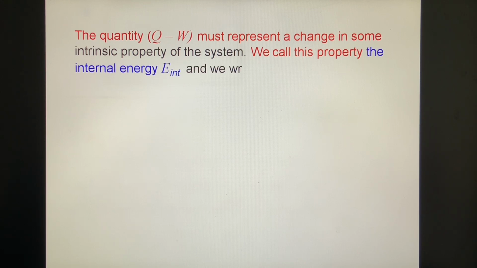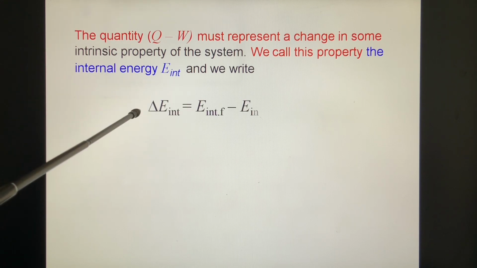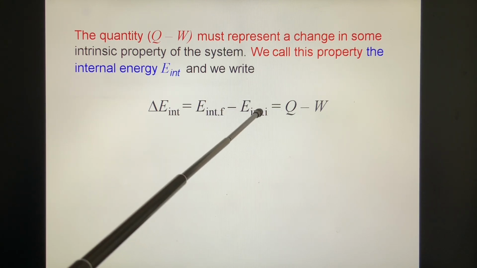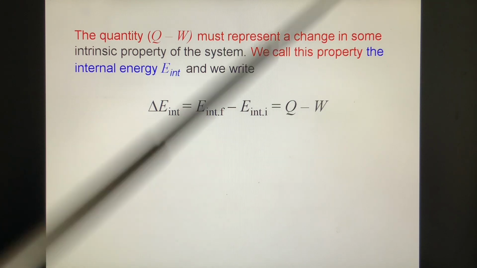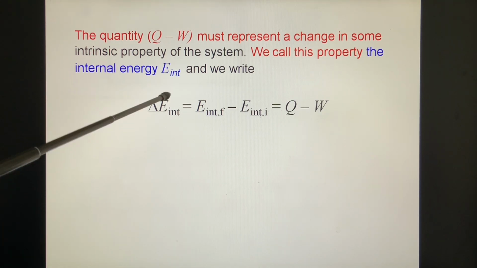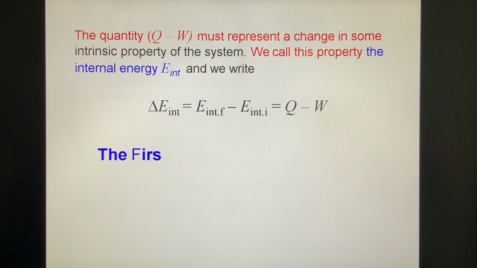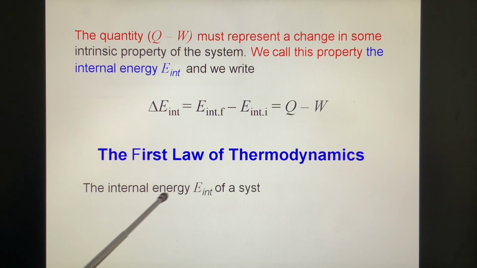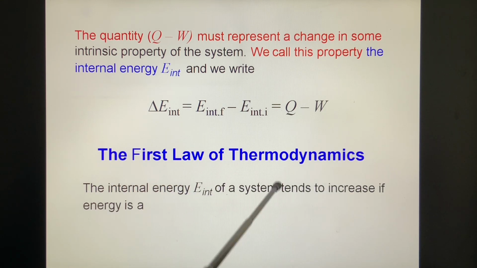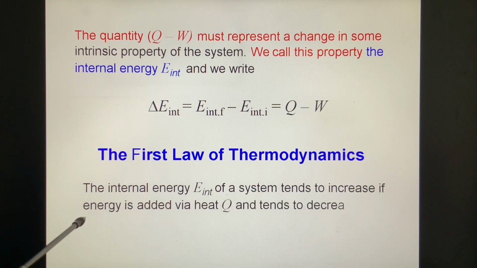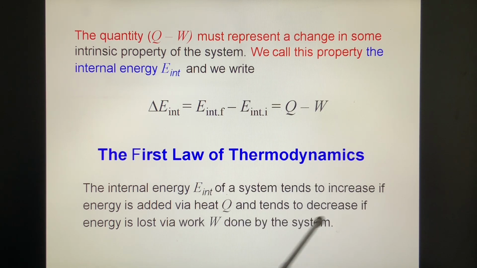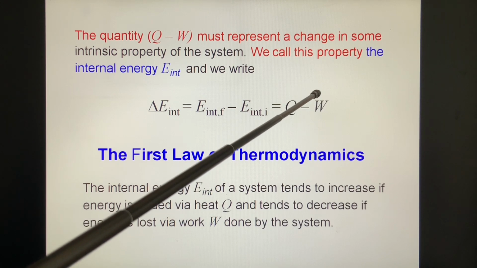We call this property the internal energy E internal, and we write delta E internal equals E internal final minus E internal initial equals Q minus W. The internal energy of a system tends to increase if energy is added via heat Q, and it tends to decrease if energy is lost via work W done by the system.